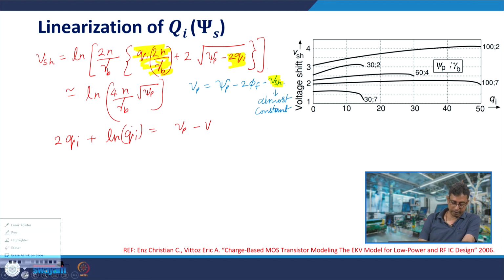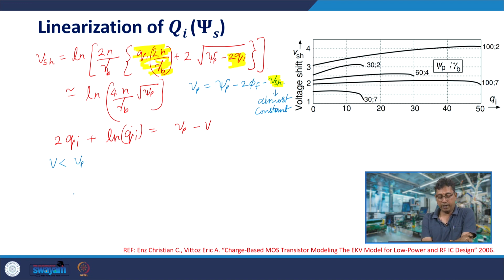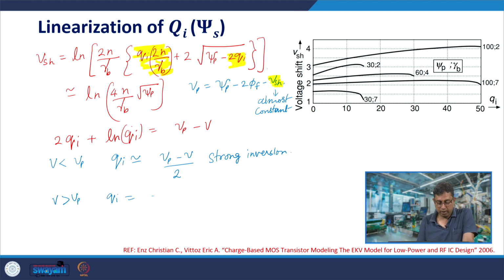Now, we can rewrite this. When V is smaller than Vp, you can approximate Qi as Vp minus V by 2. This is strong inversion. We will discuss this. And when V is larger than Vp, you can say that now Qi is exponential of Vp minus V, and this is moderate inversion.